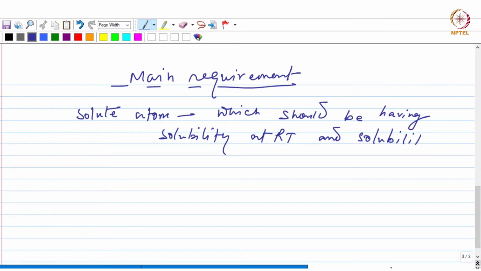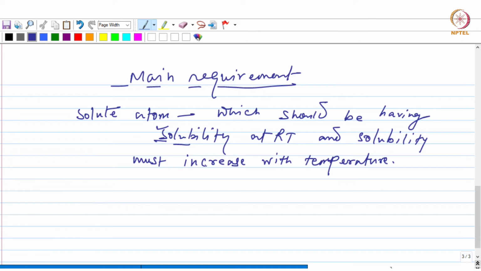That's the main requirement. Because every alloy would have the first requirement fulfilled, that means it will have some solubility because it's an alloy, right?